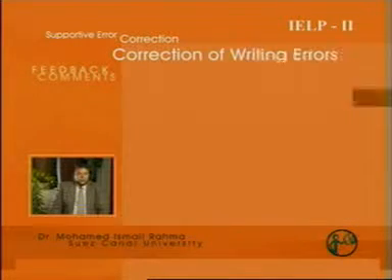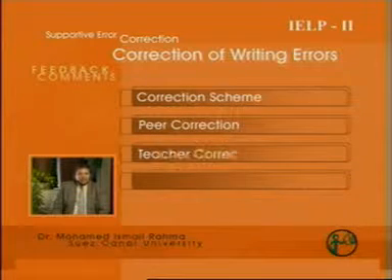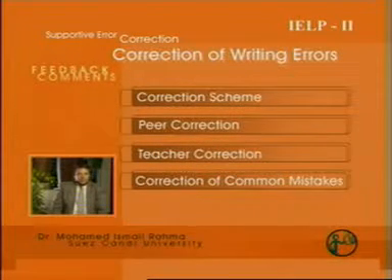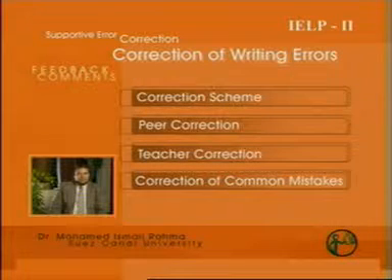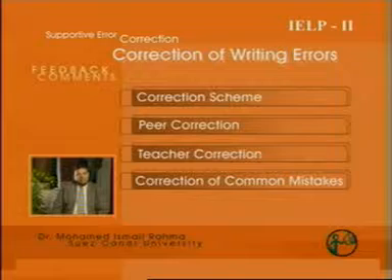Adopting the technique for the correction of writing mistakes helped Mrs. Fatima Zahra to involve her students in 3 stages. First, the writing stage. Second, the correction stage. And third, the discussion stage.